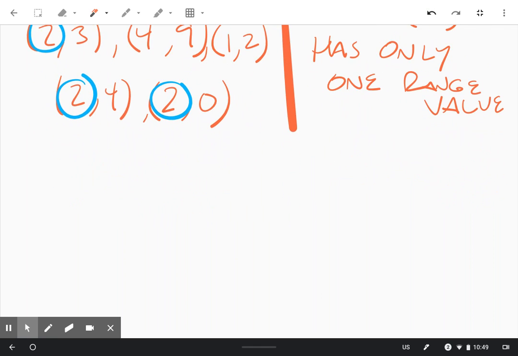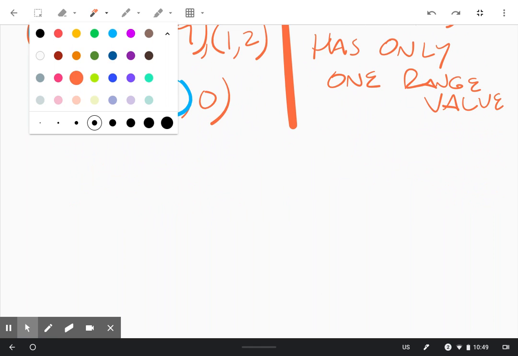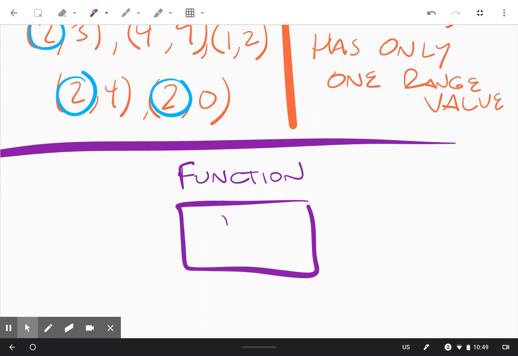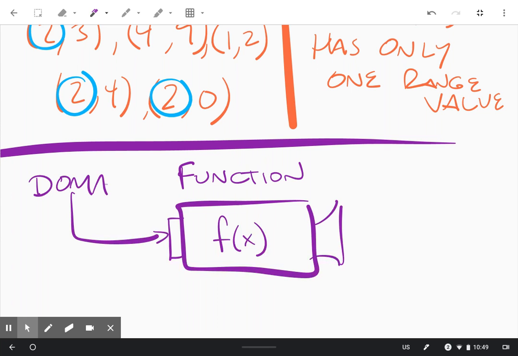Just to remind you, what a function really does is it uses some rule. We're going to call this machine a function. We'll put it as f(x). It's like a machine, and you're going to put something in the machine, and the thing you put in the machine is the domain.